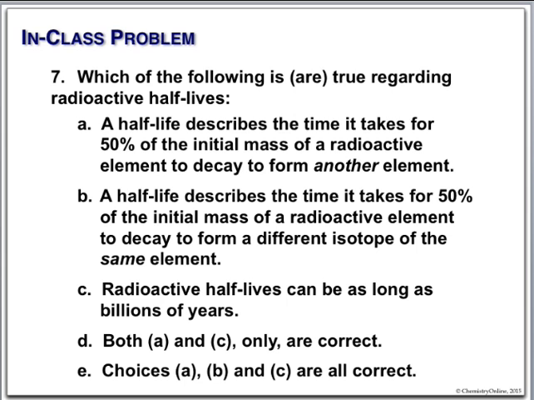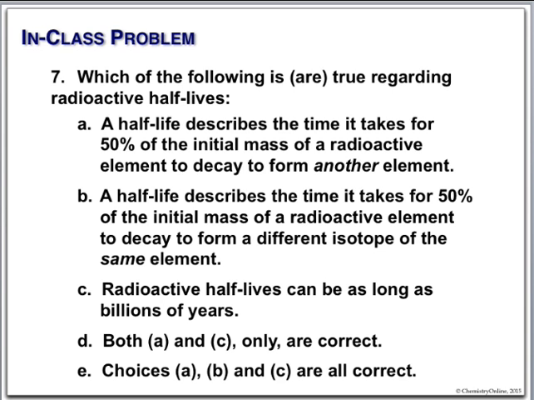So our choices here. A: Half-life describes the time it takes for 50% of the initial mass to decay to form another element. B is basically the same sentence, but to form an isotope of the same element. C: Radioactive half-lives can be as long as billions of years.